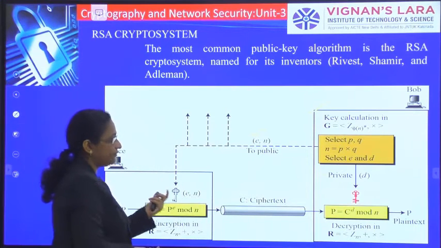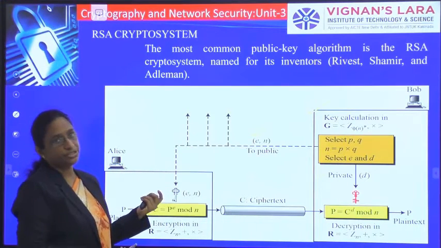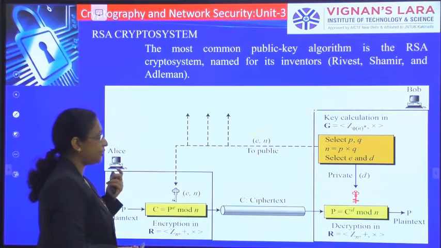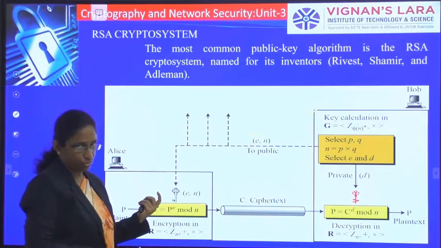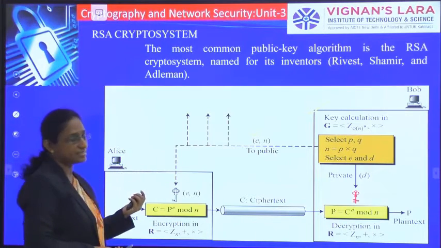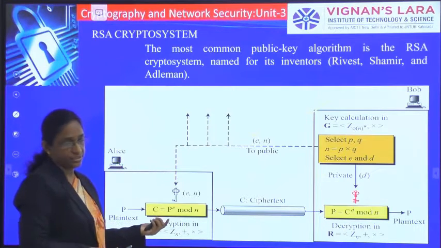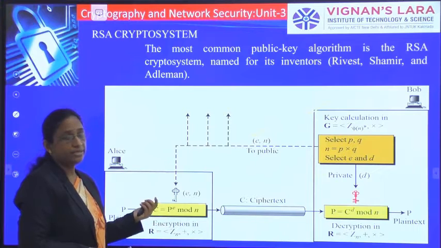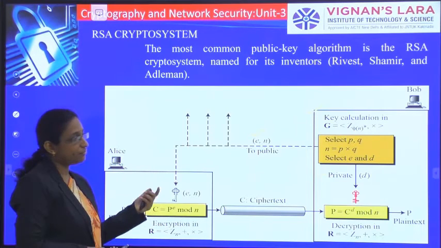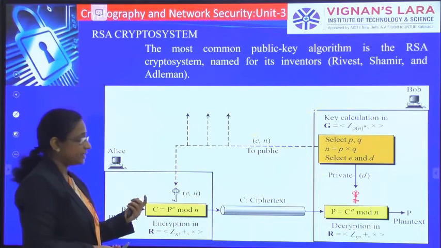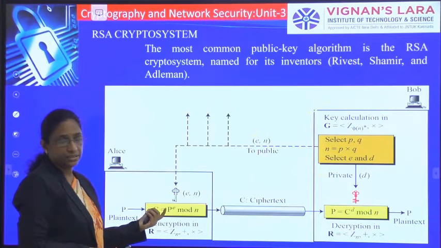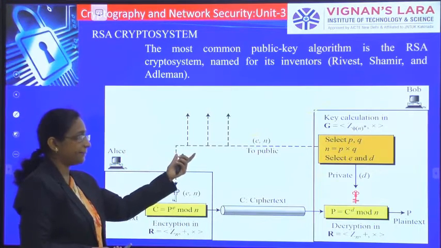For a secure communication, suppose Alice is the sender. She will encrypt the message. Whatever message or plain text the sender wants to send to the receiver, the sender encrypts it with the public key.